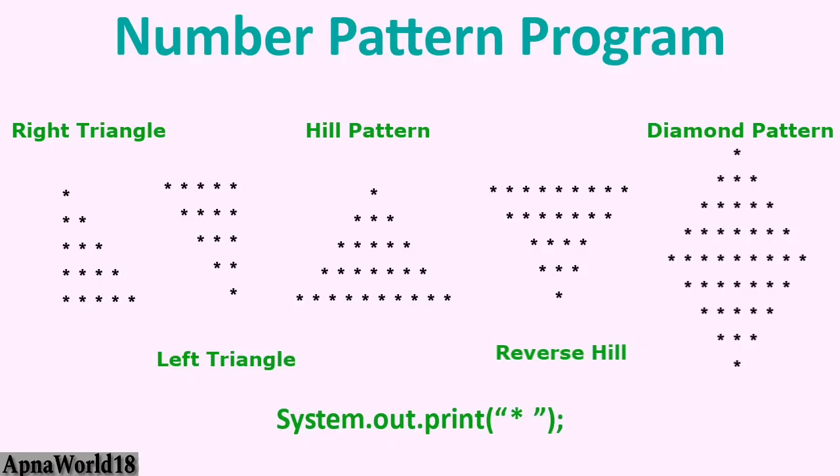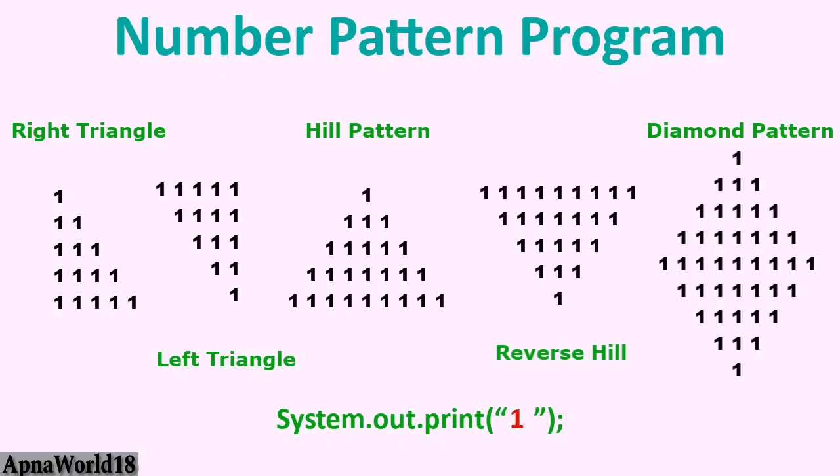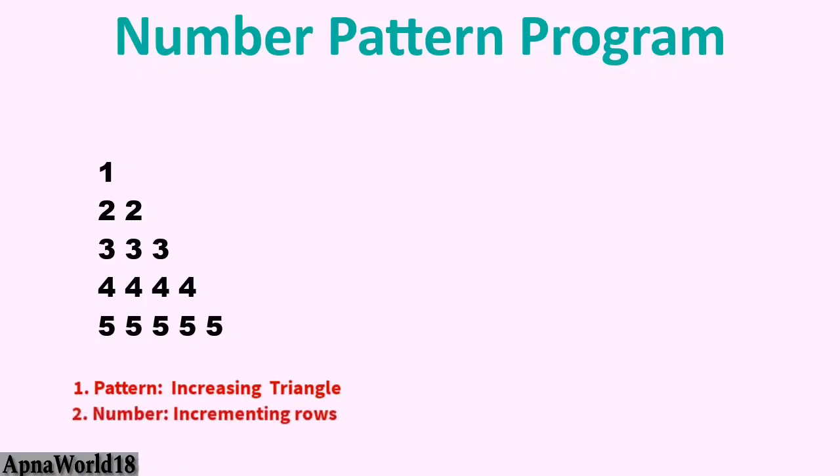This effectively means that in any of those, if you replace star with 1 in the print statement, you can have varied pattern shapes with 1. Now this was too easy. Let's see something closer to what is actually asked in the exam. Let's take a closer look at this pattern. Again, to solve this, we break it into two parts, pattern and numbers.